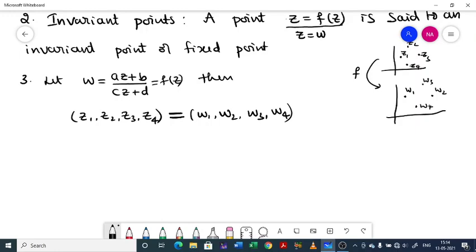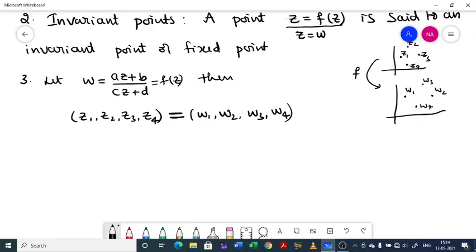This is the next important point we need to keep in our mind. So a bilinear transformation keeps the cross ratio unaltered.